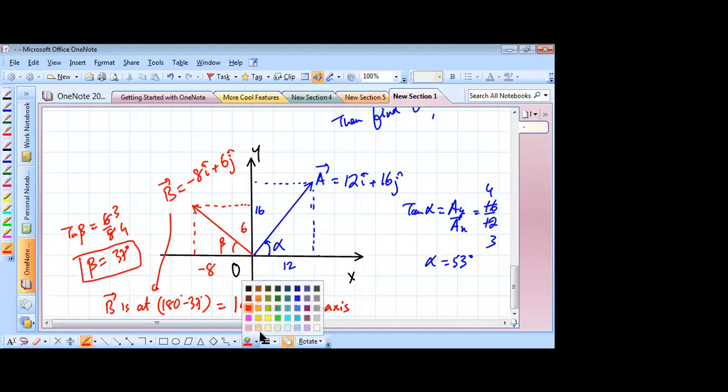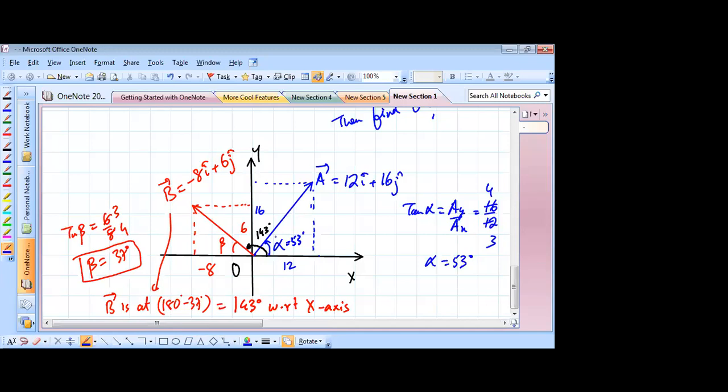Because when you see the angle with respect to the positive x-axis, it's not this one, it is this angle over here. So this angle is how much finally? It is 143 degrees. Okay. Whereas this angle was 37. Sorry, it's 53. This other one is 53.